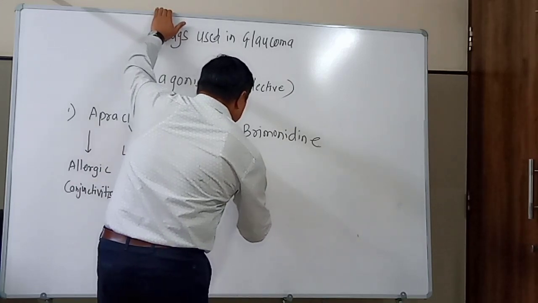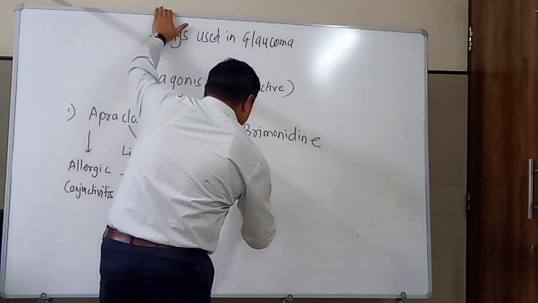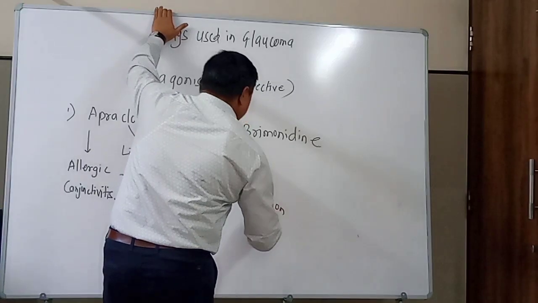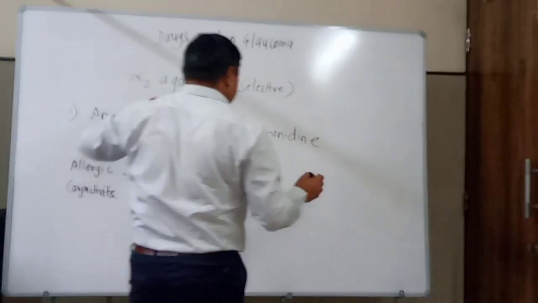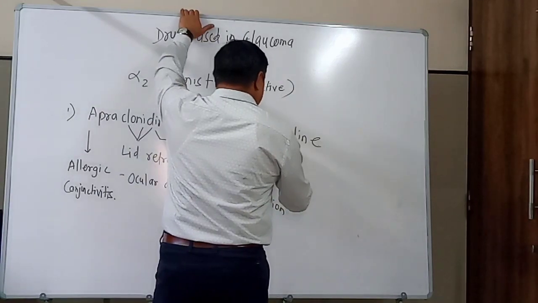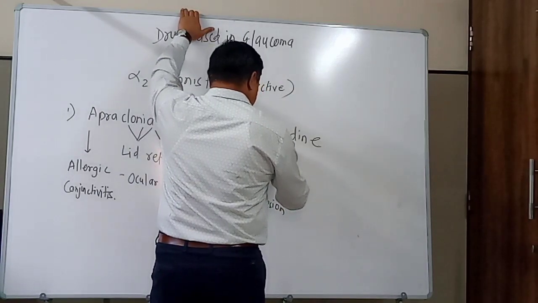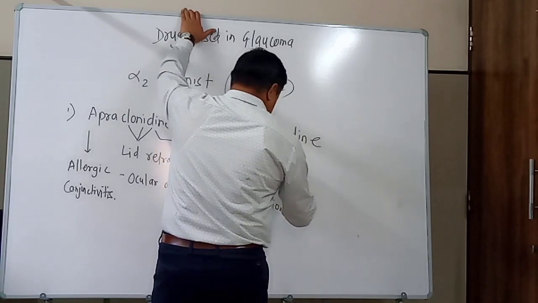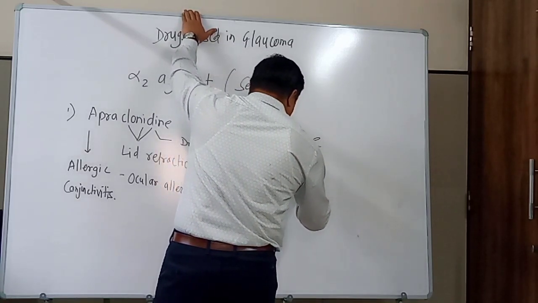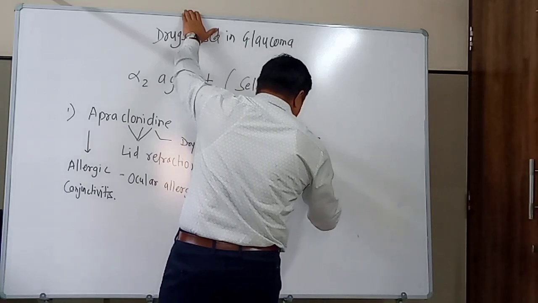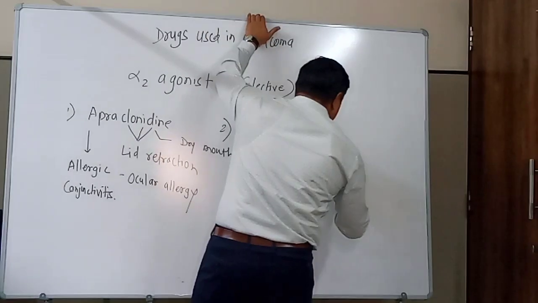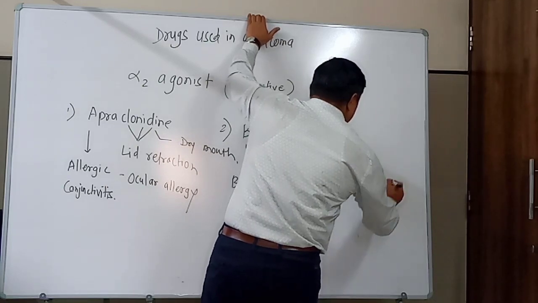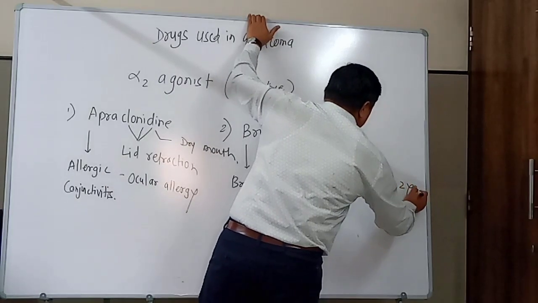B for brain depression, it causes apnea in infants less than 2 years.